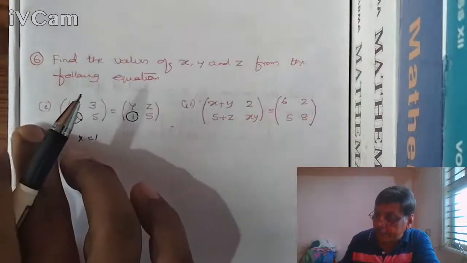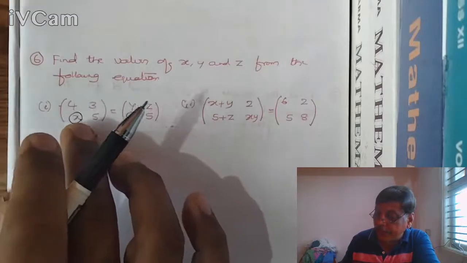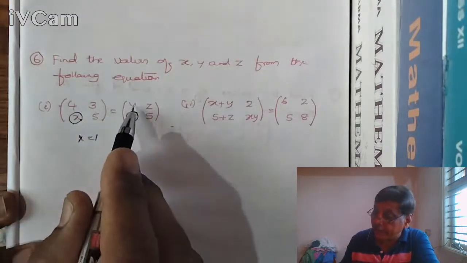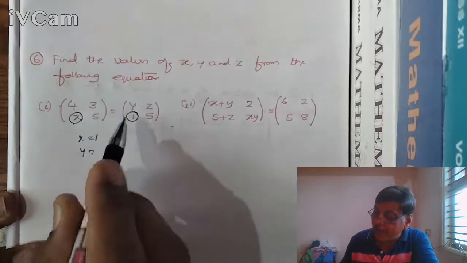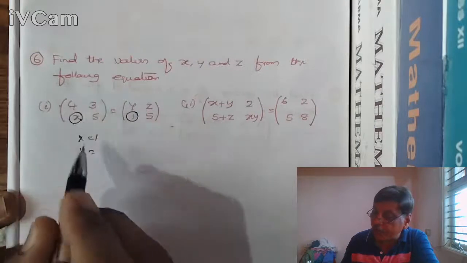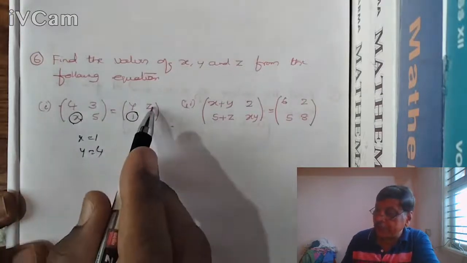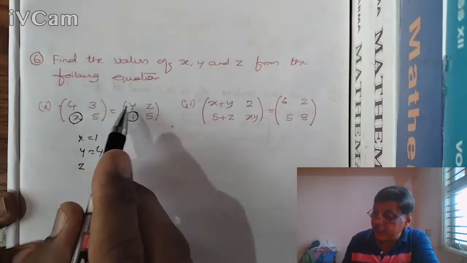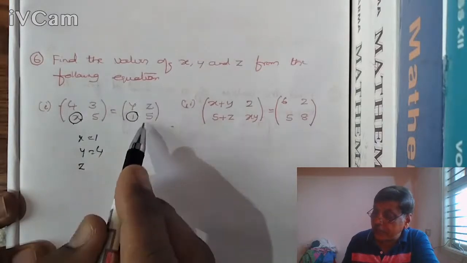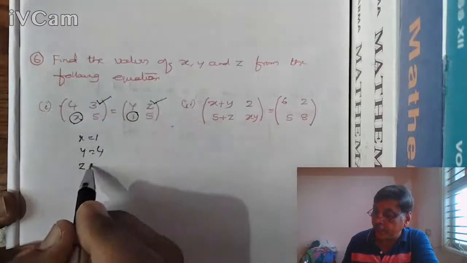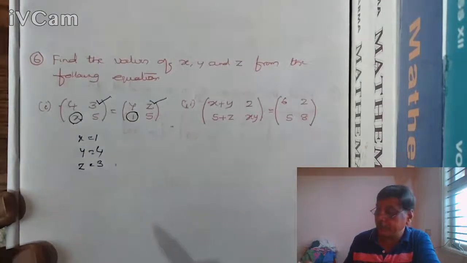You have to write down, by equality of two matrices, x is equal to 1. Next we find y. y is in the first row first column. So here y is equal to 4. Next z. Z is present in the first row second column. So this is first row second column. Therefore z is equal to 3.